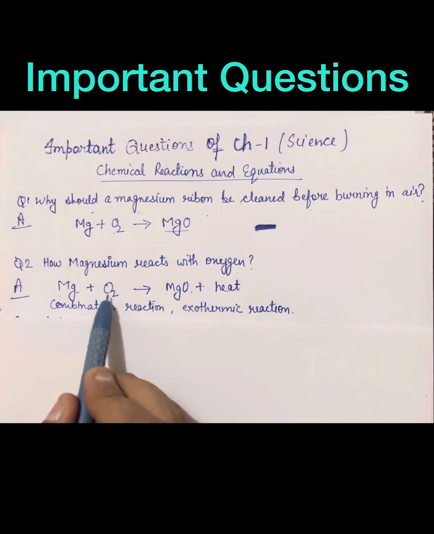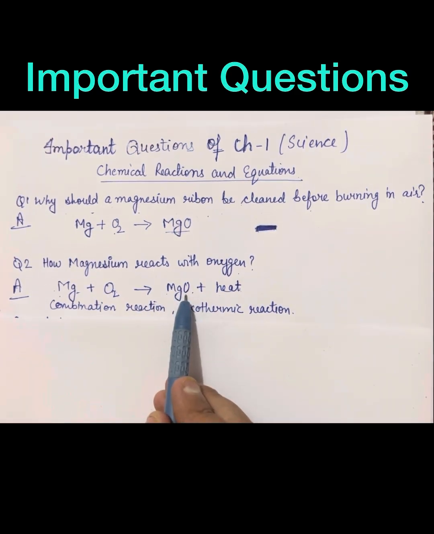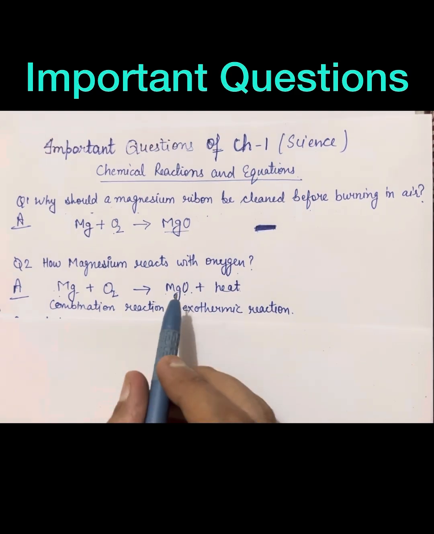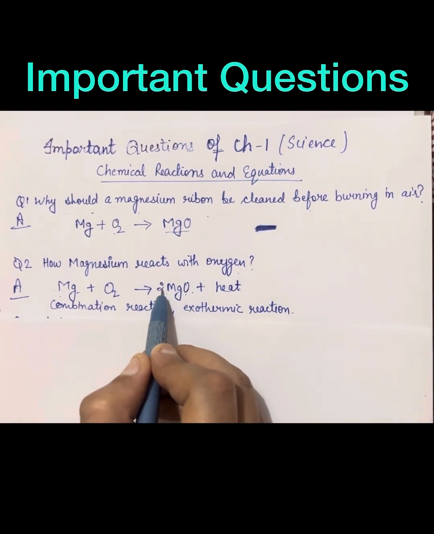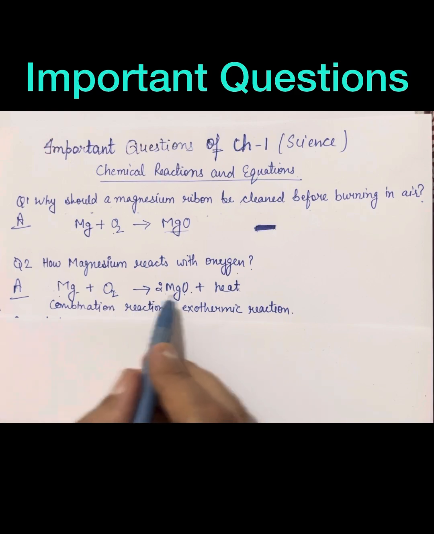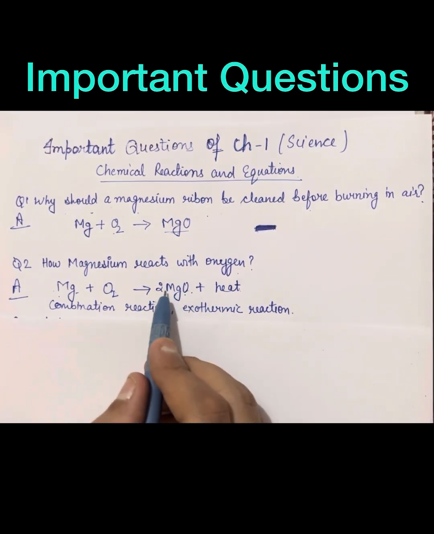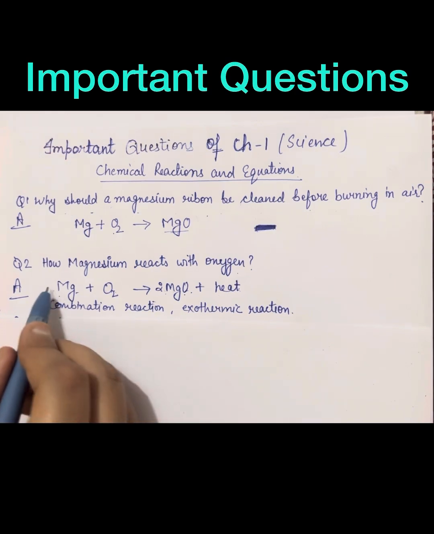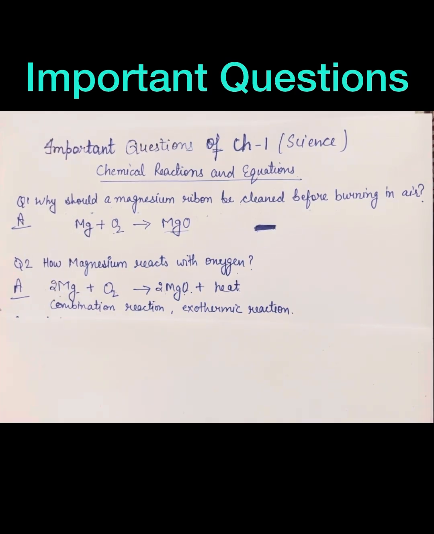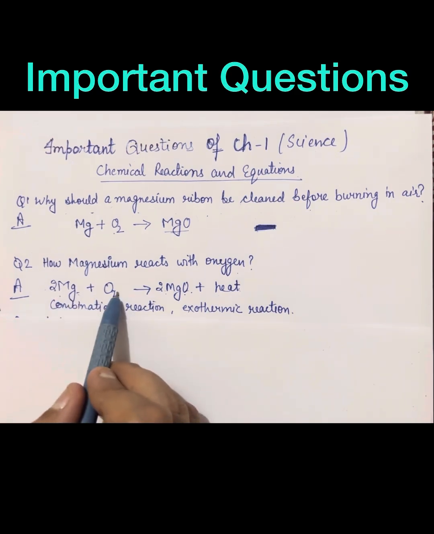Now look here, there are two magnesium atoms, but in this case there is only one oxygen atom, so you need to write 2 here. Now we have 2 oxygens, but now magnesium becomes 2, so to balance it you need to write 2 here. This is the balanced chemical reaction when magnesium reacts with oxygen.